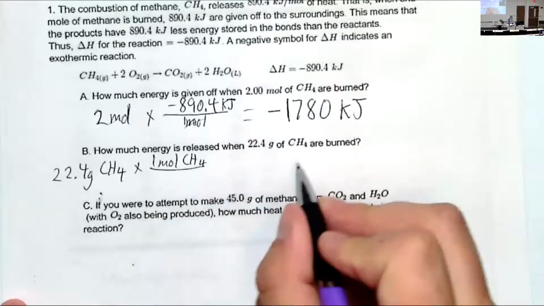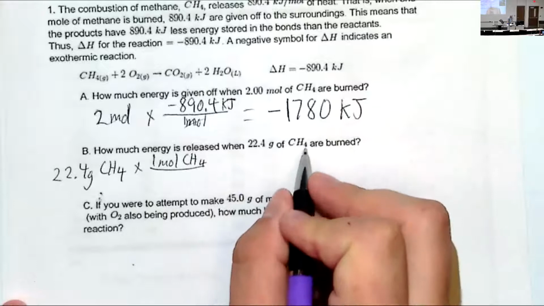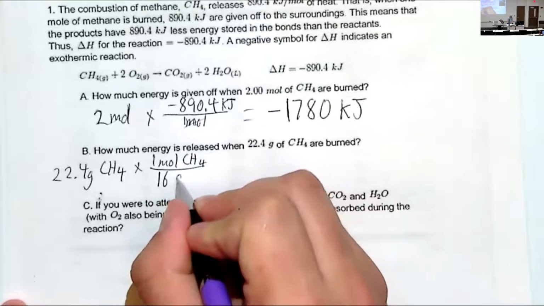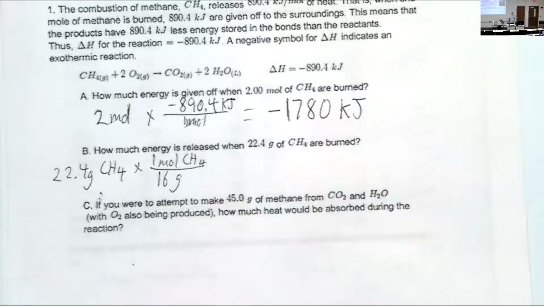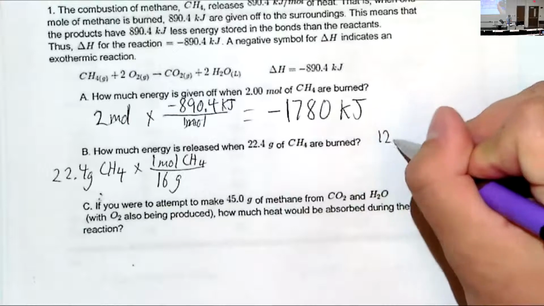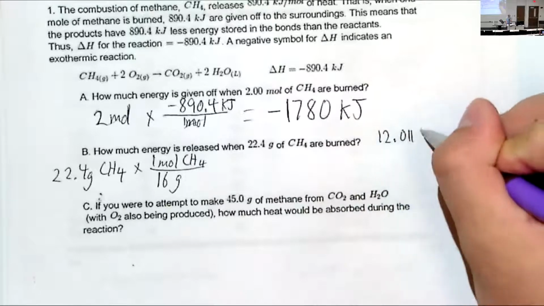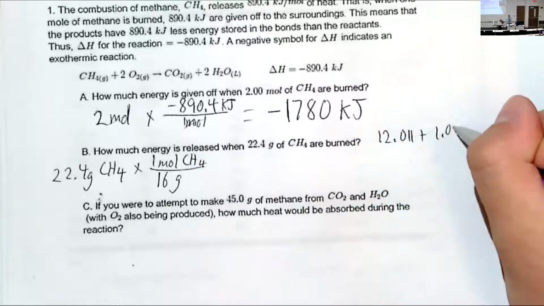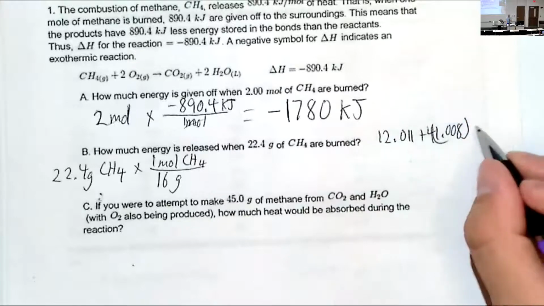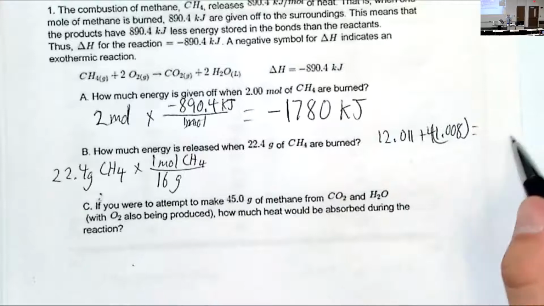I used to have that memorized. Then we have 4 hydrogens. I'm going to round mine to 16 grams, but if you put it in your calculator, for your molar mass you can do 12.011 plus 1.008 and multiply that one by 4, because there's 4 of them, and then you would get your specific number.